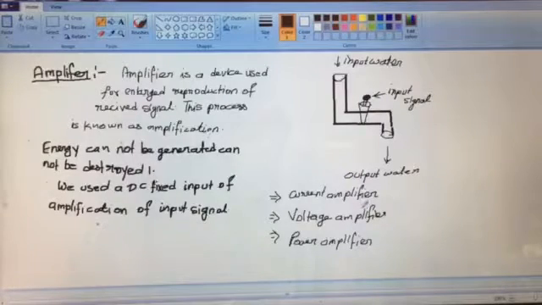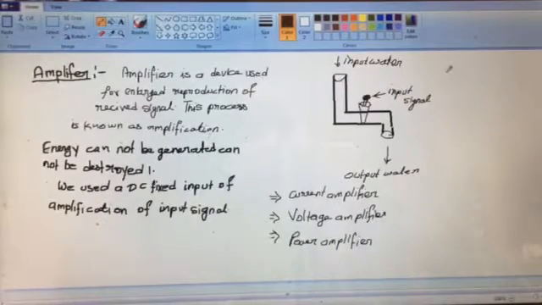And we also know that a device is operated on a particular frequency, and the range of frequency which is operated through an electronic device or any device is known as bandwidth.